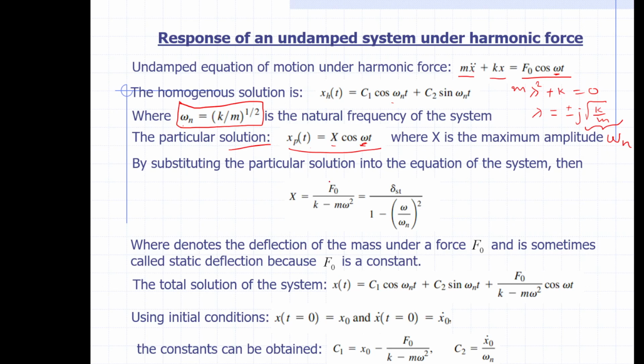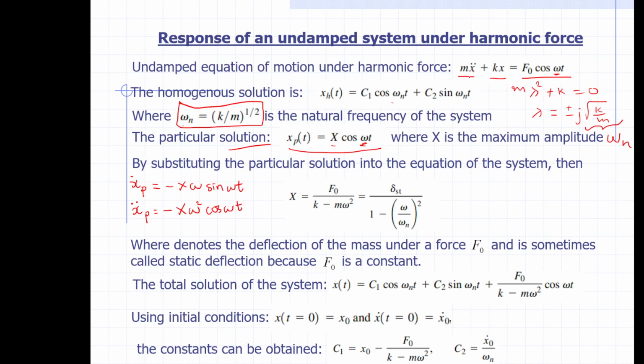So you can write here h dot p equal to minus h omega sine omega t, minus sign, right? And then h double dot p equal to minus h omega square cosine of omega t.